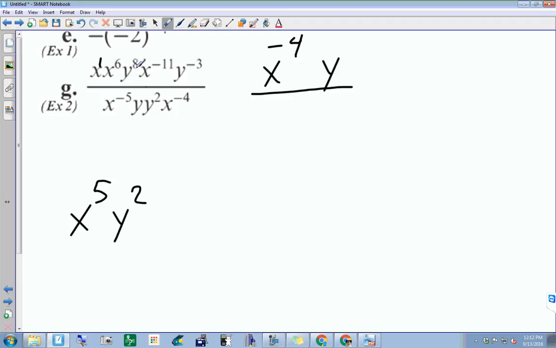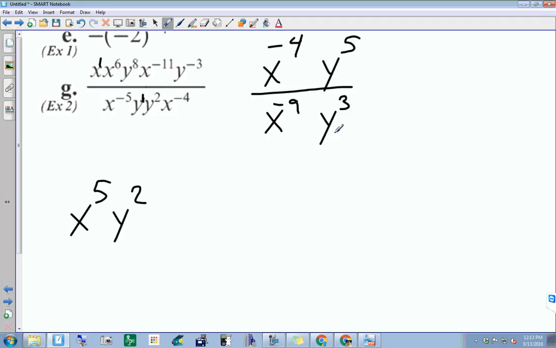Y to the 8th minus 3 is 5. On the bottom, we have an X. Negative 5, negative 4, negative 9. Y. Now I don't have anything there, so it's Y1. So y to the first, y second, that's going to be y cubed.